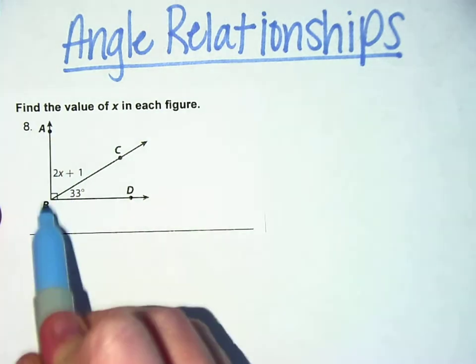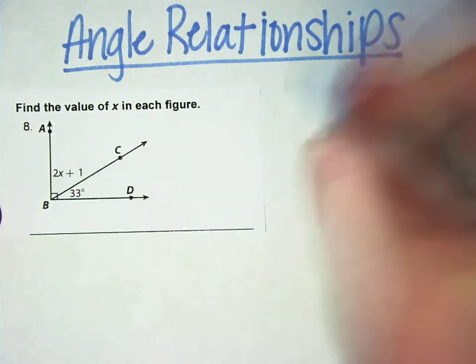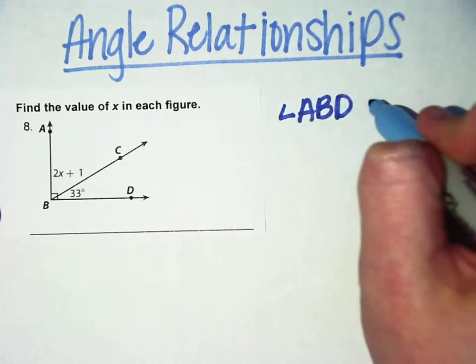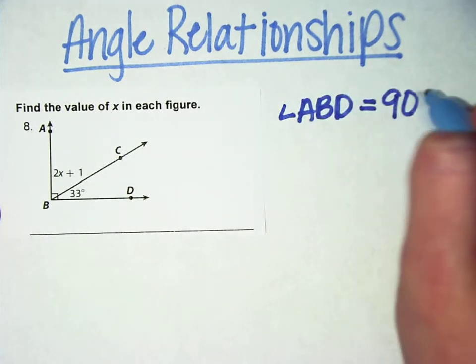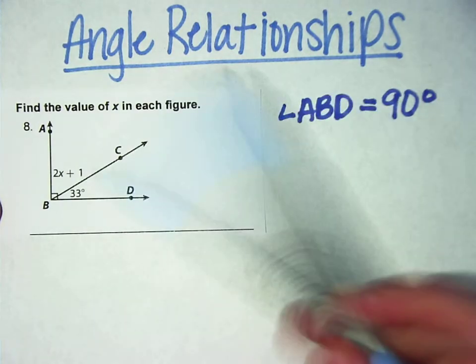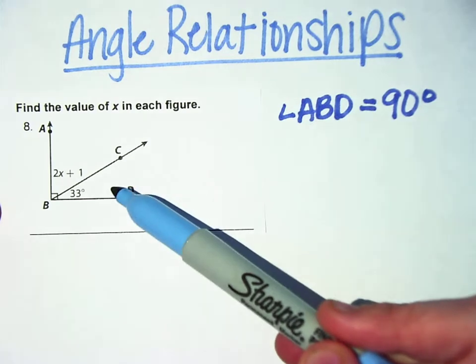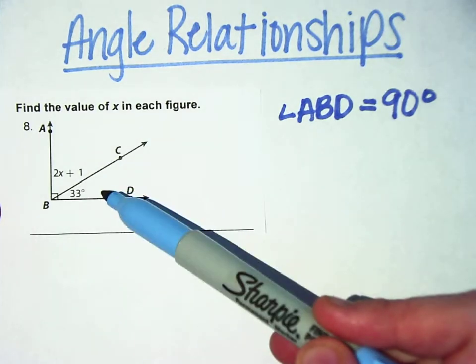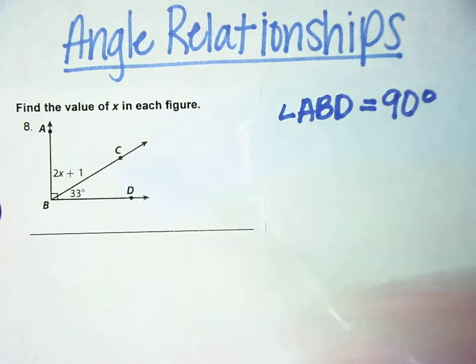If you look at the whole picture, we know right away that angle ABD is a right angle, 90 degrees. So then you want to look at the values that are given to us. That way we can create an equation and solve for x.